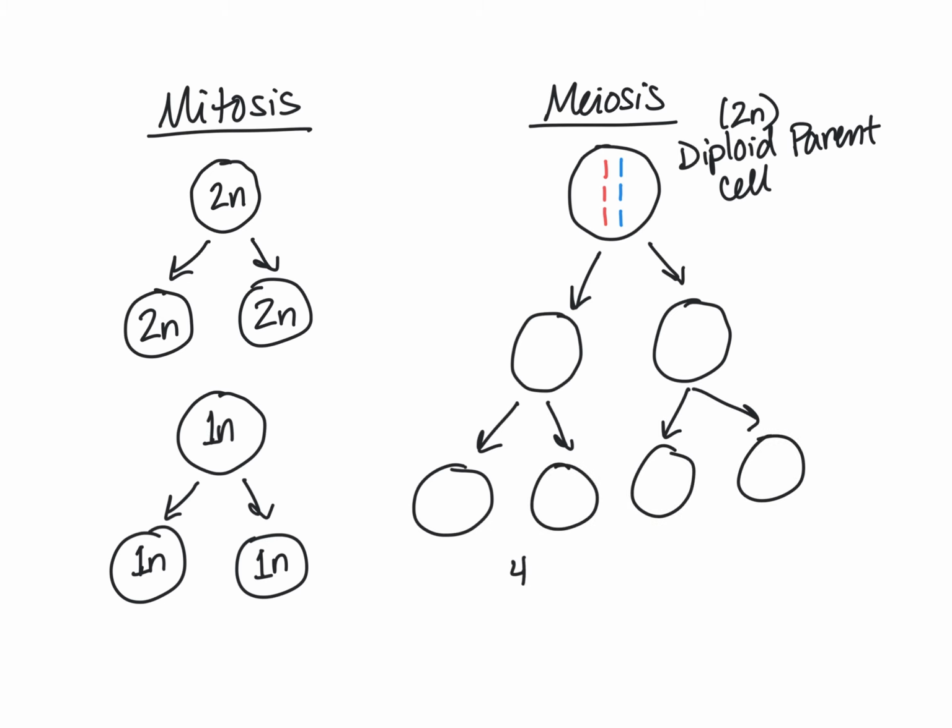So you end up with four daughter cells, and all of these daughter cells are haploid. Remember that due to independent assortment and genetic recombination, these daughter cells might end up with a different combination of chromosomes than each other.